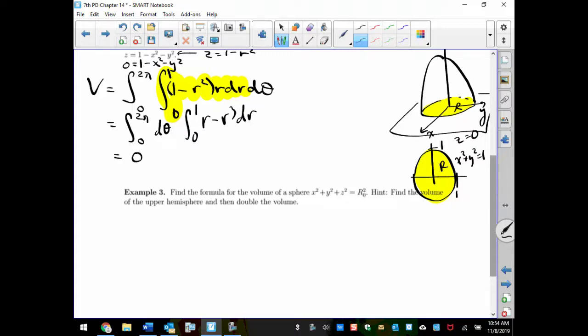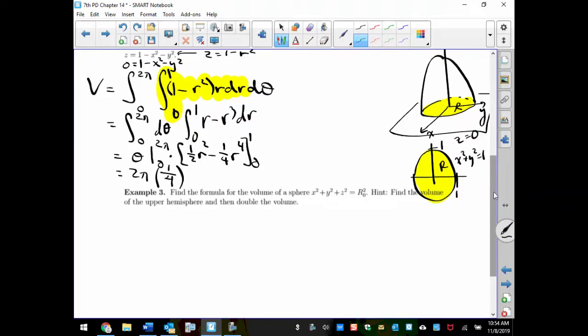So this one here is just theta from 0 to 2 pi. This one's going to be 1/2 r squared minus 1/4 r to the 4th from 0 to 1. Okay, and this is a product between them. So this is going to be 2 pi. And then plugging in 1, we get 1/2 minus 1/4, or 1/4.